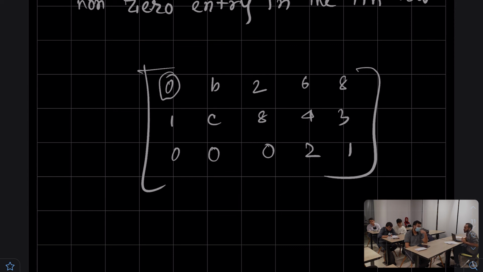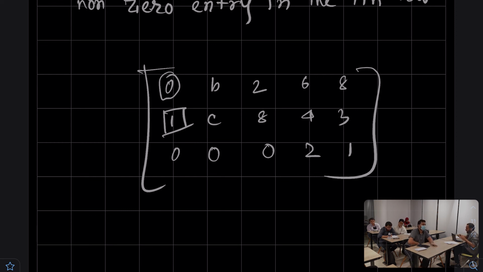So for the second row, the first non-zero entry is already 1, right? Do I need to do anything with this row? And for the third row, what do I need to do? 1 by 2, multiplied by 2. Right.